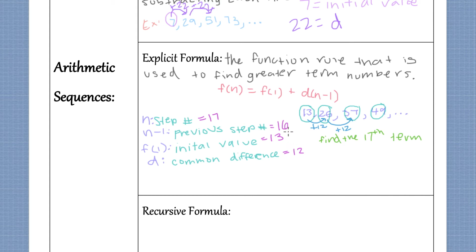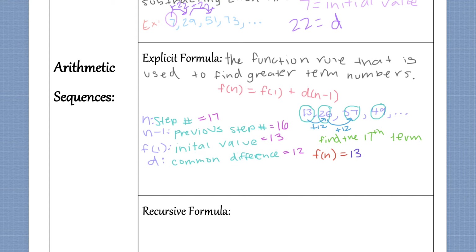And so now that we have all of these variables, we can fashion our equation. This explicit formula is going to be for the entire sequence itself, not just to find the 17th term. We're going to solve for that a little bit later. So let's write the explicit formula. It's going to be f of n is equal to f of 1, and f of 1 is the initial value, which is 13.